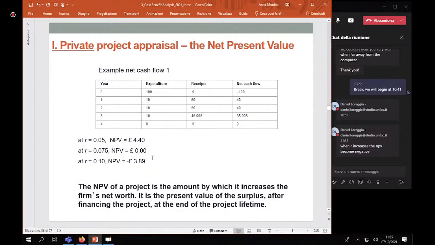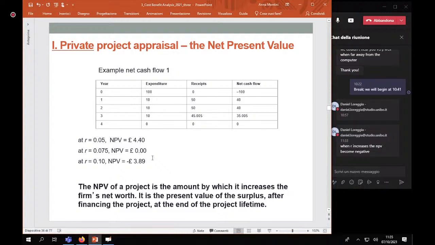Usually, when you have a project with social or environmental positive effect, we are used to select a small discount rate. Okay? But when we have private projects, we cannot agree to define a very small discount rate.